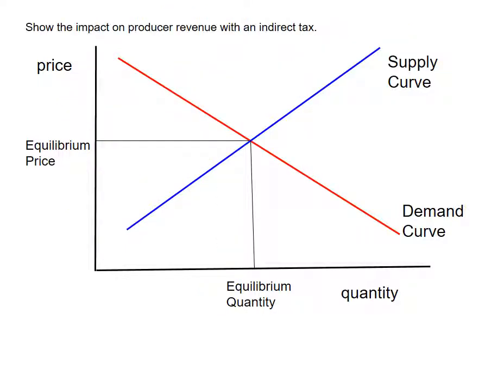So let's look at the producer revenue with an indirect tax. So producer revenue before tax.